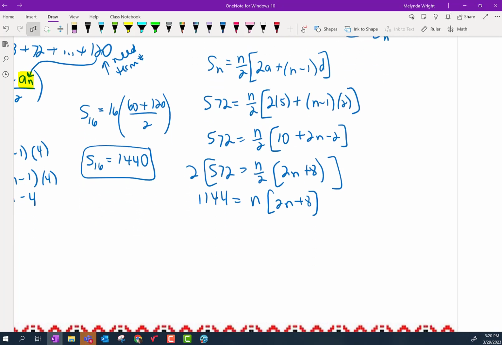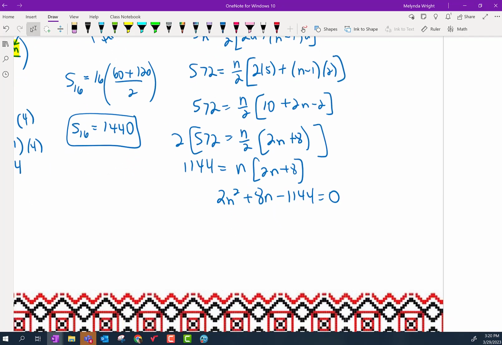Now we distribute the n, so we get 2n squared plus 8n, and I'm going to move over the 1144 so it equals 0. I'm not really a fan of big numbers, and when I see a common factor that I can divide out, I will. So I'm going to divide out a 2, and that leaves me with n squared plus 4n minus 572 is 0.